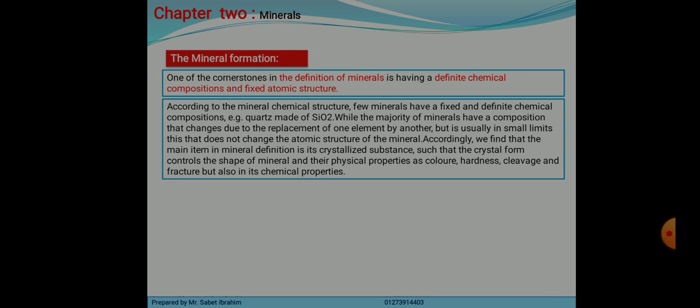According to the mineral chemical structure, few minerals have fixed and definite chemical compositions, for example, quartz made of silicon dioxide, while the majority of minerals have a composition that changes due to the replacement of one element by another, but usually in small limits that don't exceed the atomic structure of the mineral.